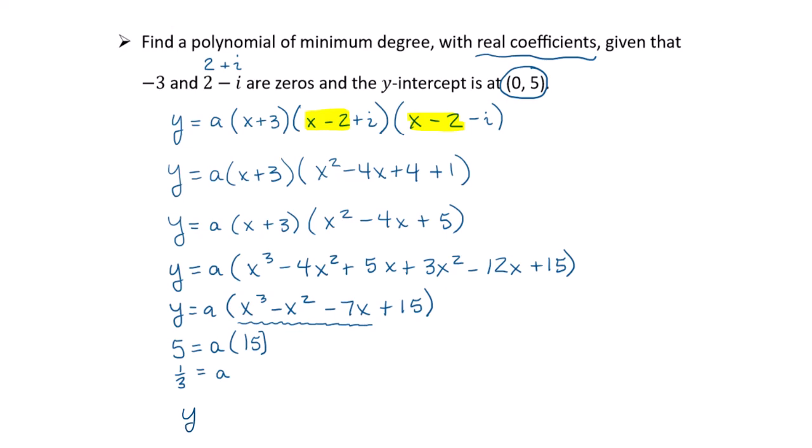So y is 1/3 times x cubed minus x squared minus 7x plus 15. Once more, simplify again. I have 1/3 x cubed minus 1/3 x squared minus 7/3 x plus 5.